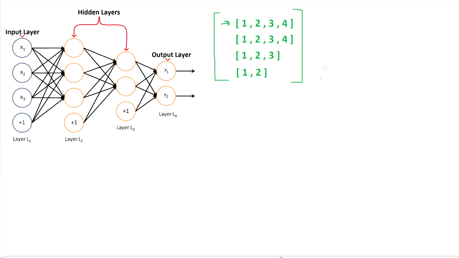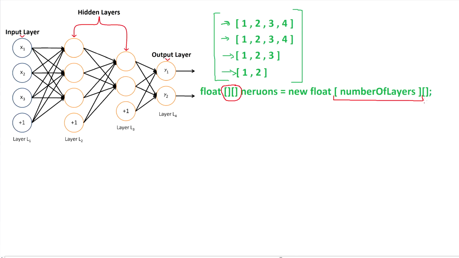However, every single row within this matrix can have a variable length. In C#, this idea of having an n by m matrix where m is a variable length is actually called a jagged array. This symbol in C# means a jagged array. There are n number of layers that you can specify. In this case, there are 4 layers.